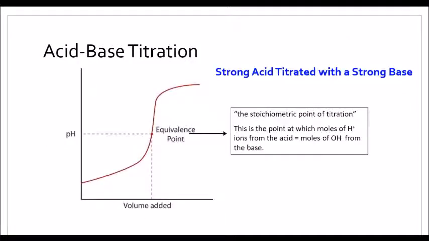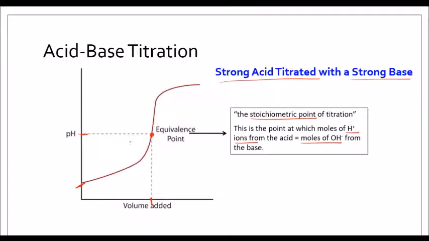It produces this weird curve called a titration curve. What you'll notice is this is a strong acid titrated with a strong base. So you start down here at a lower pH, and as you add it, you finally reach something called the equivalence point. That is where the moles of the hydroxide equal the moles of the hydrogen or hydronium.